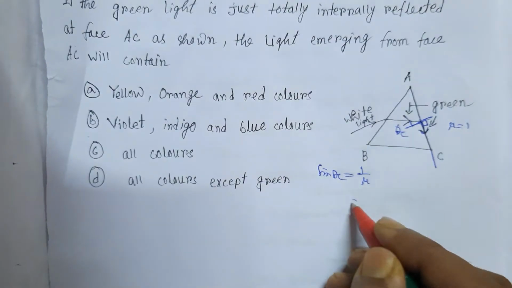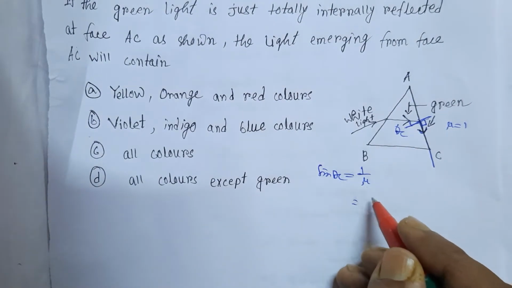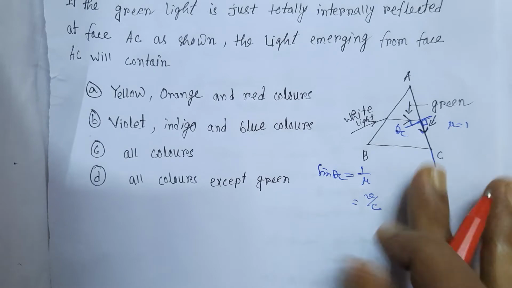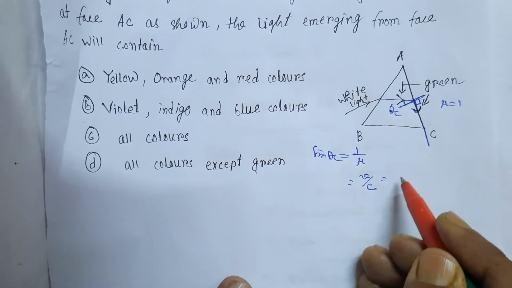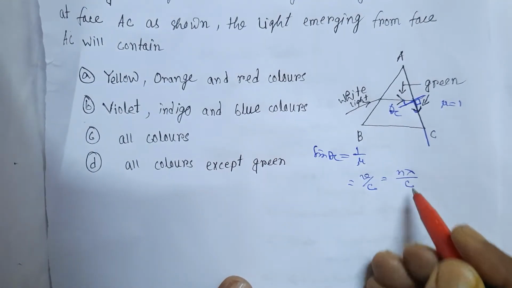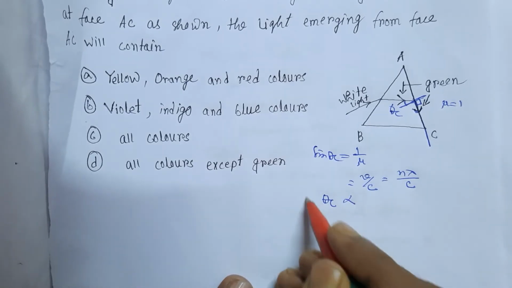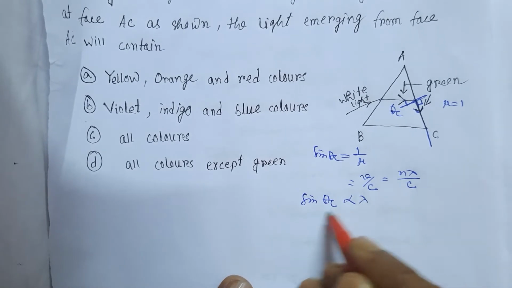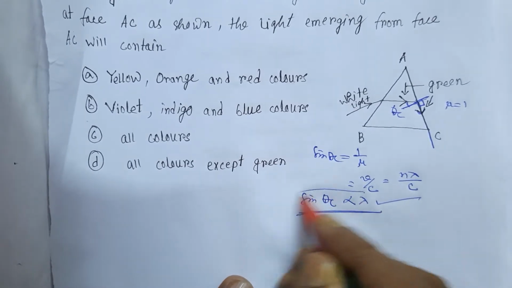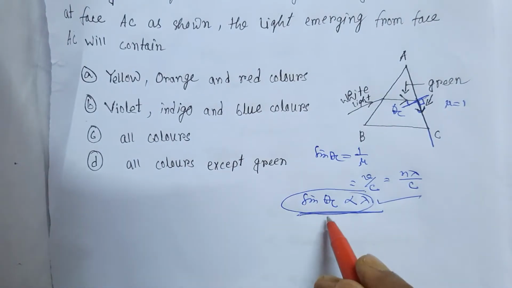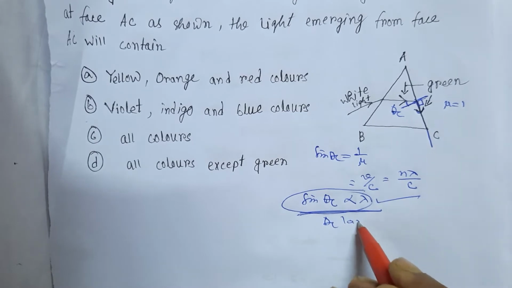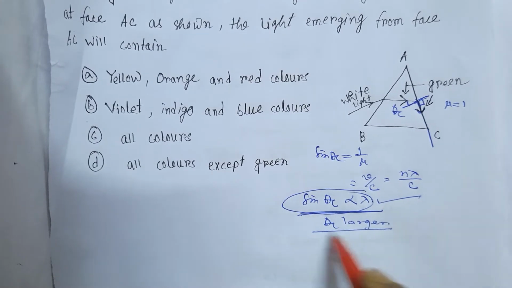Now, mu equals c by v, so 1 by mu equals v by c, and v equals n lambda. So sin theta c is proportional to lambda. So theta c is larger for larger values of lambda.